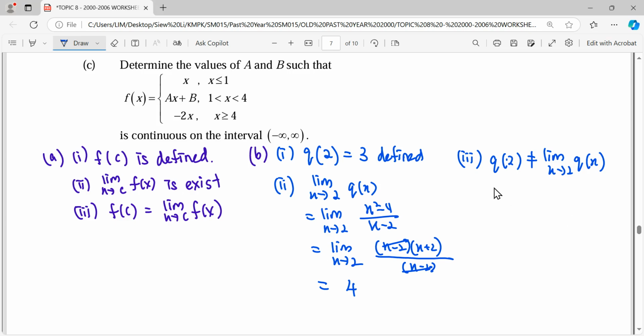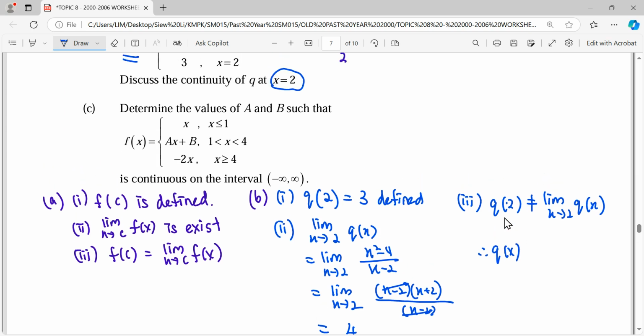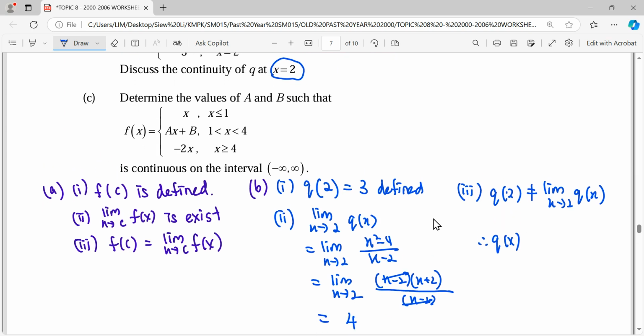Therefore, from here we can put out our conclusion: q(x) is not continuous at x equals 2 because it cannot fulfill all 3 conditions here.